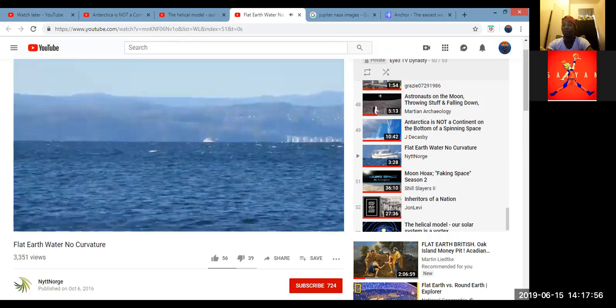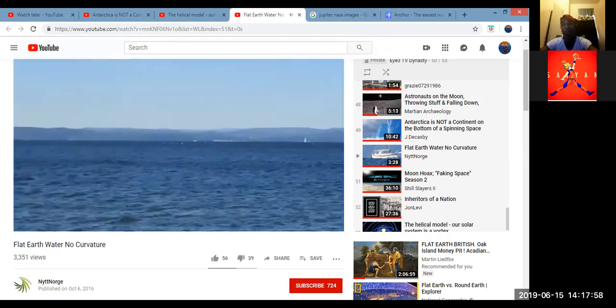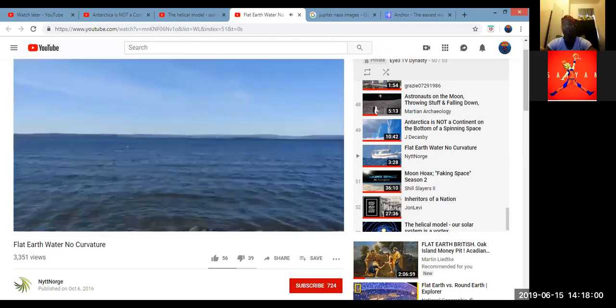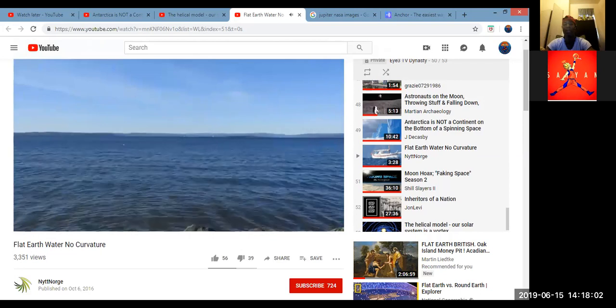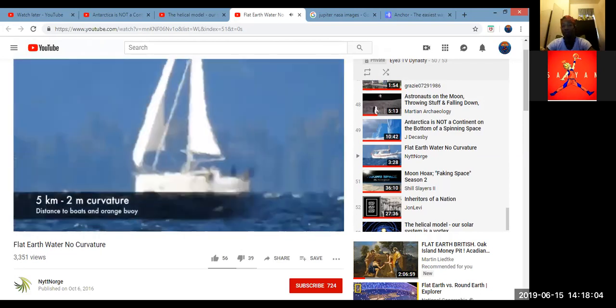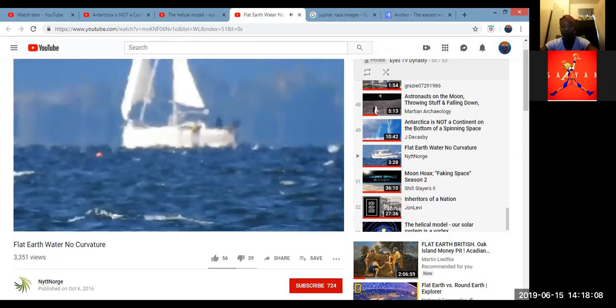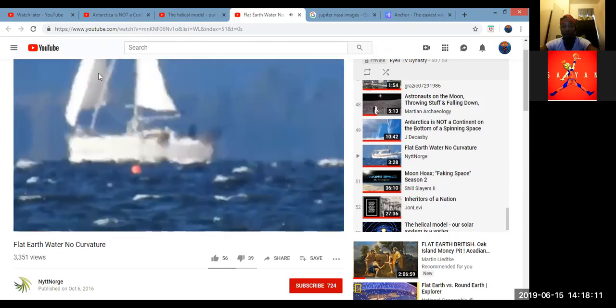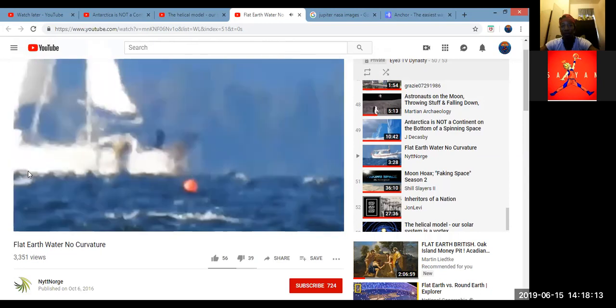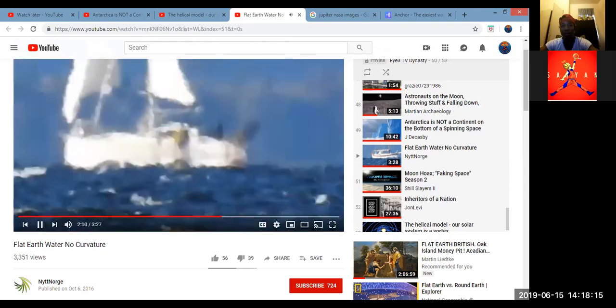Where's the curve? Again, zooming out makes the boat disappear. About the same distance, should be 2 meters of curvature. Nothing visible. Notice the orange buoy floating by.